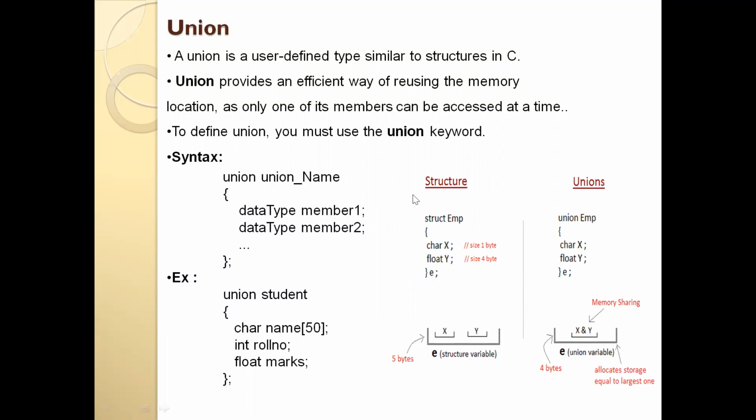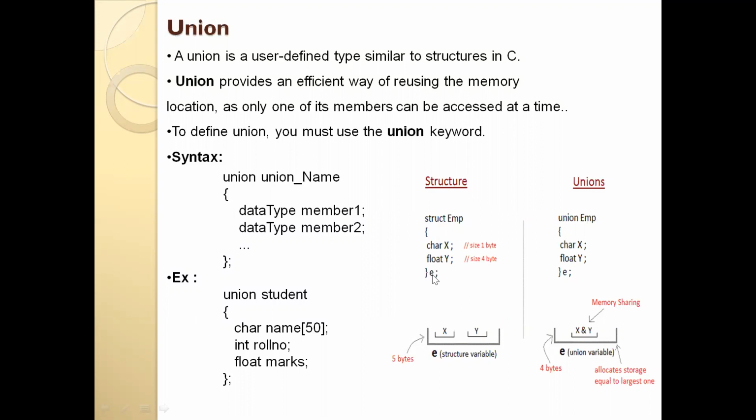Now see the difference between structure and union with this simple diagram. If you want to create a structure, we need to use the struct keyword. Here I am creating an employee structure with two variables x and y. x is of type character and y is of type floating point. Whenever you create a variable of type employee, then the memory will be allocated.